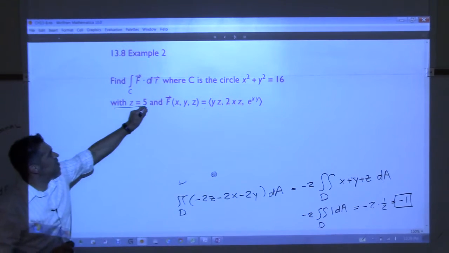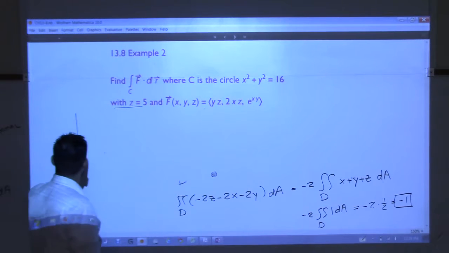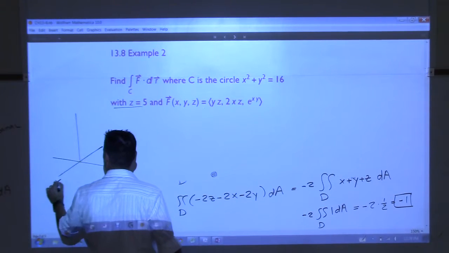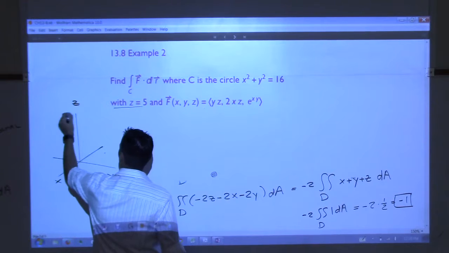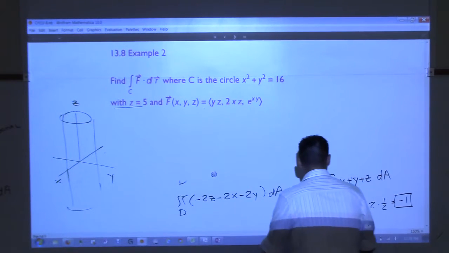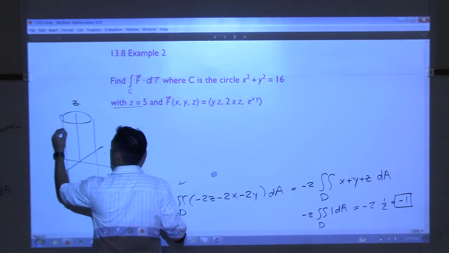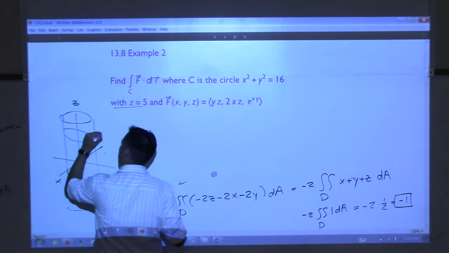But we're fixing z to be 5, which means it's just a circle moved up 5. So we originally had a cylinder, but if we fix our z to be 5, we're just going to get this piece right here, which we'll call C.